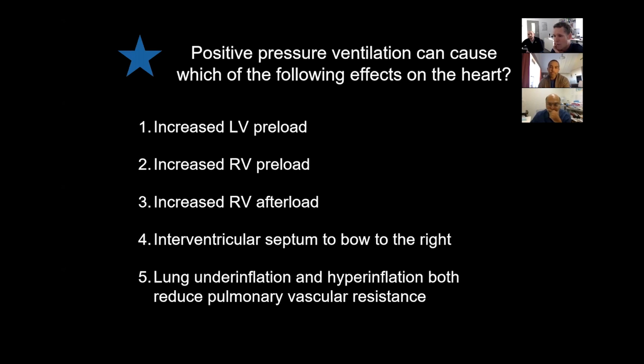And what about the last bit with the pulmonary vascular resistance? Why is number 5 wrong? Because it won't reduce pulmonary vascular resistance. You're increasing the air pressure in the alveoli, which will collapse the small vessels. And if you hyperinflate an alveolus, it will squish the pulmonary vasculature and increase pulmonary vascular resistance.